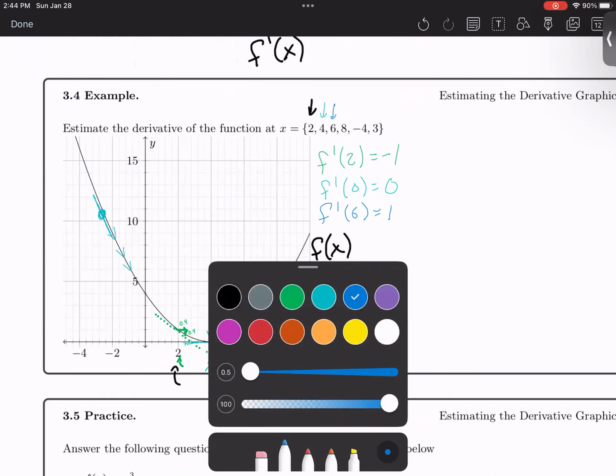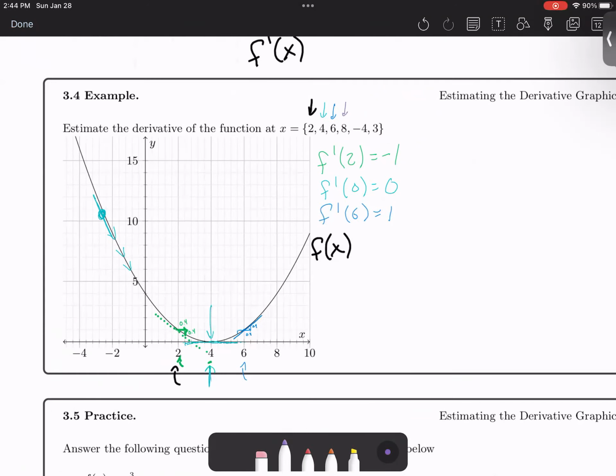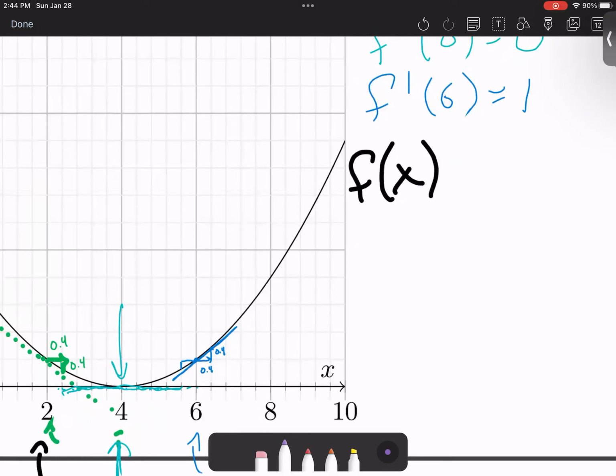All right, change colors, move to a point. The function at 8. So over here is x is equal to 8. Let's zoom in. If I move over by 0.4, I go up by more than 0.4. And again, this is a rough estimate. Maybe I go over by 0.4 and I go up twice that, by 0.8.